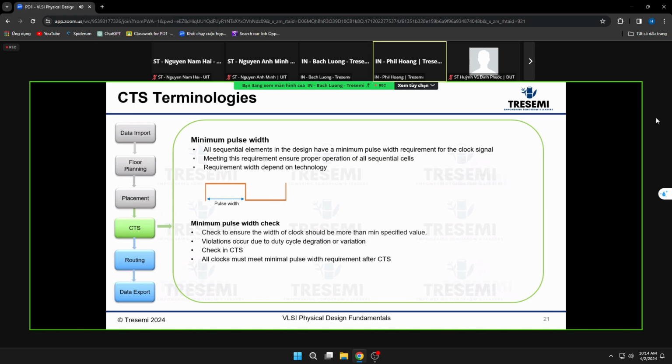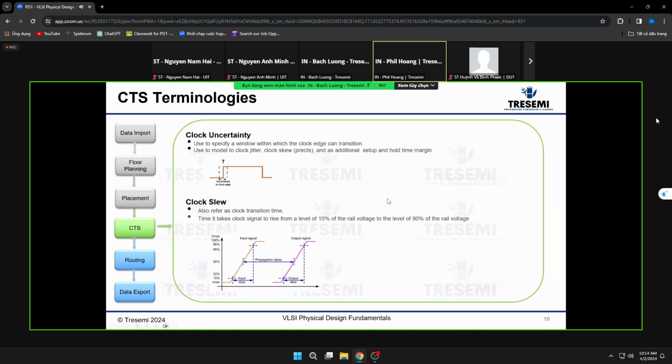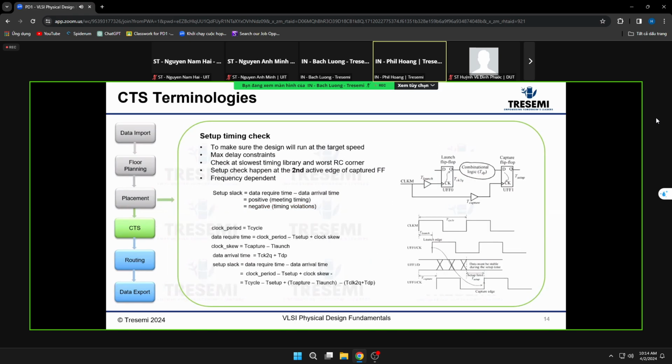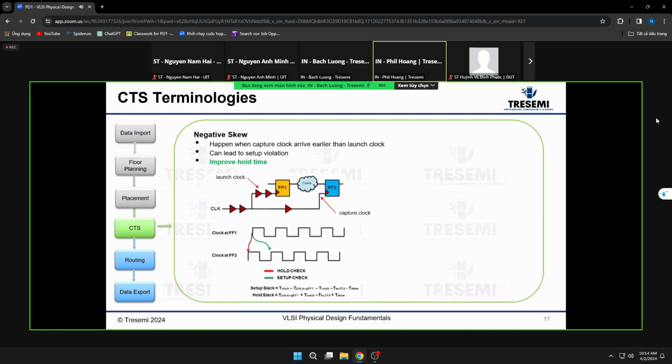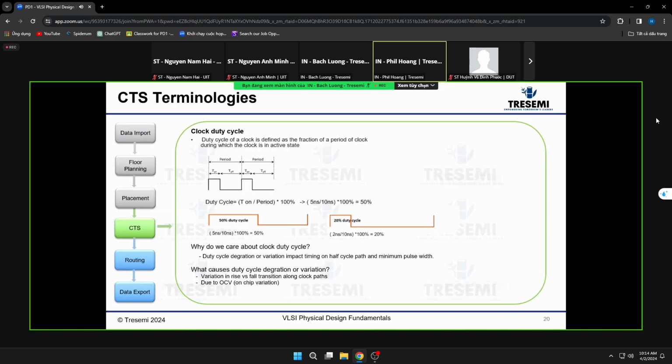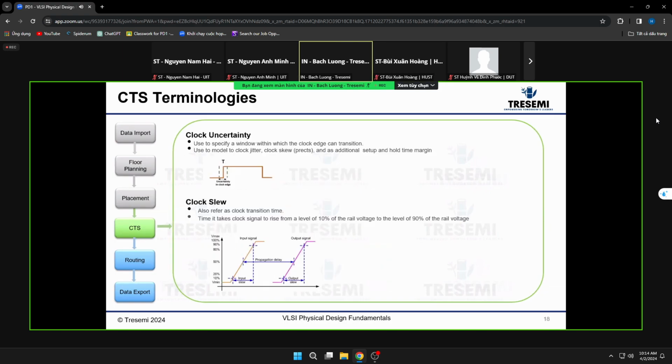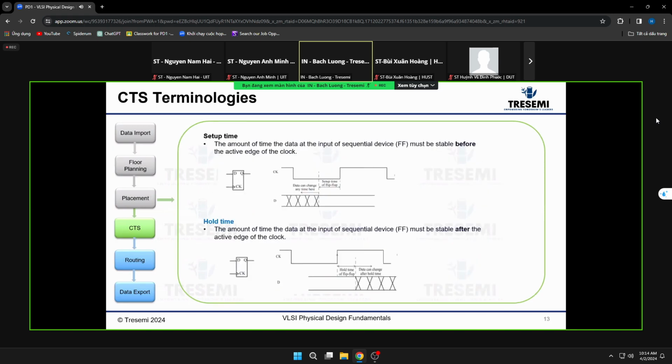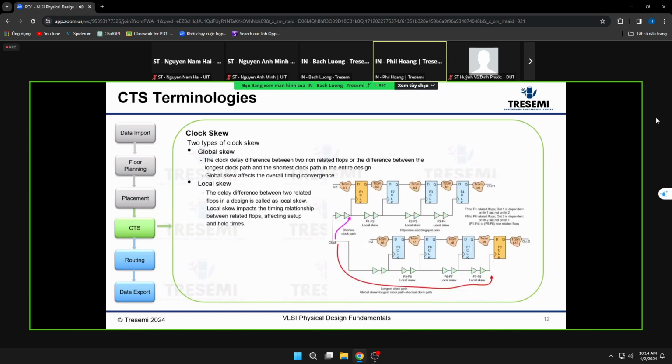Can you go back to the global versus local skew? Here, for example, the top tree has say 3 flops, but the bottom tree has 1,000 flops, right?